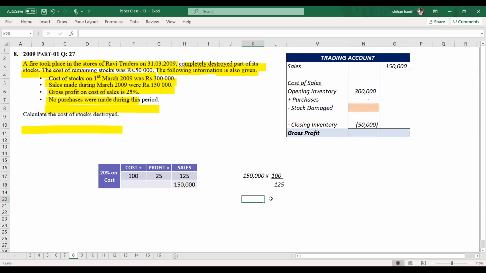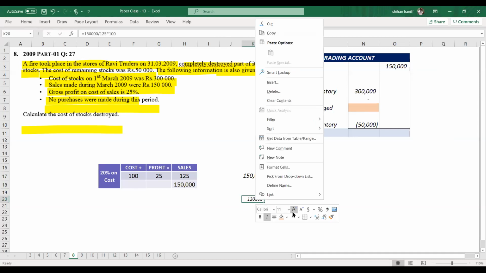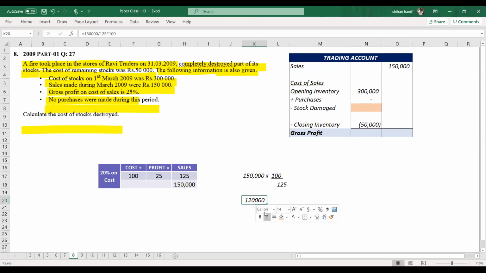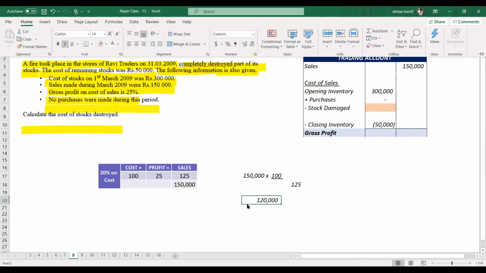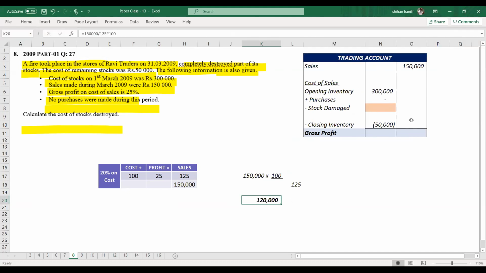What is the answer? 150,000 divided by 125 into 100 is 120,000. So that's the cost of sales. Gross profit is 30,000.